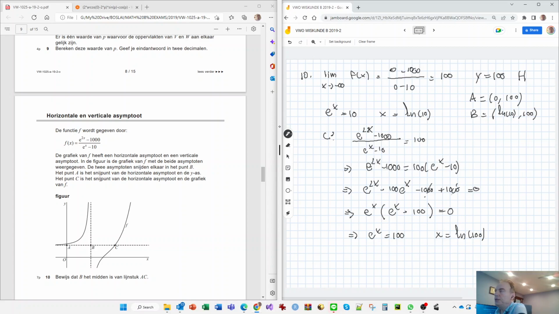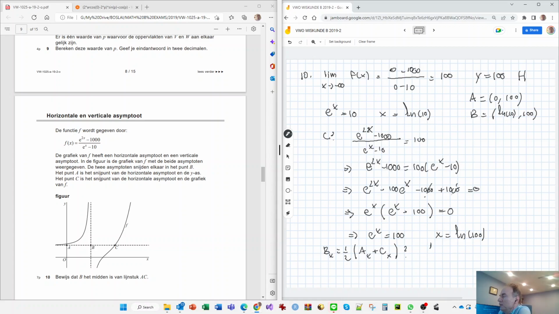Okay, and in order for b to be in the middle, we need to have bx is 1/2 ax plus cx. And just substitute it, and basically this is the question: is this true?